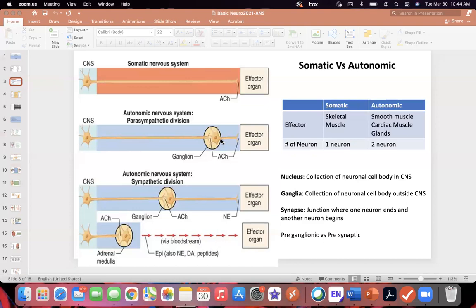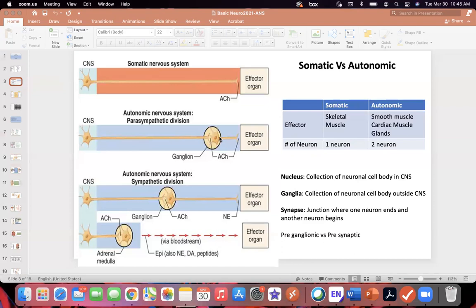We sometimes call it postganglionic neuron. In the ganglia, one neuron ends and another neuron begins. This area we call a synapse. So this neuron is after the synapse, and we sometimes call it postsynaptic neuron. So we use these two terms synonymously, interchangeably. Postsynaptic or postganglionic, they mean the same thing.